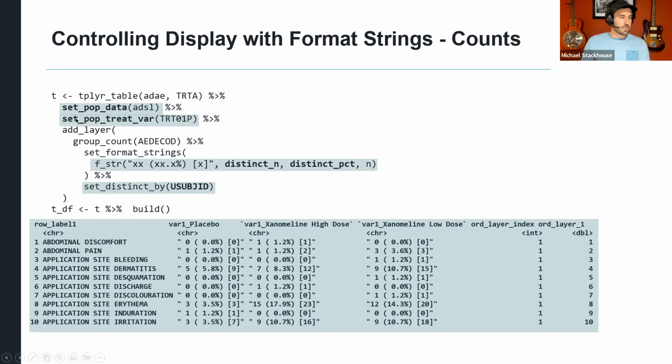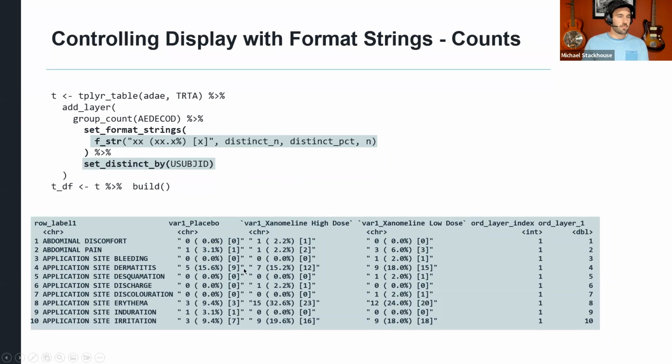If we're using distinct counts, so to go back, the number in parentheses, the format that's going on here is that you have the distinct. This is the number of subjects. Distinct n is going to be distinct by number of subjects.